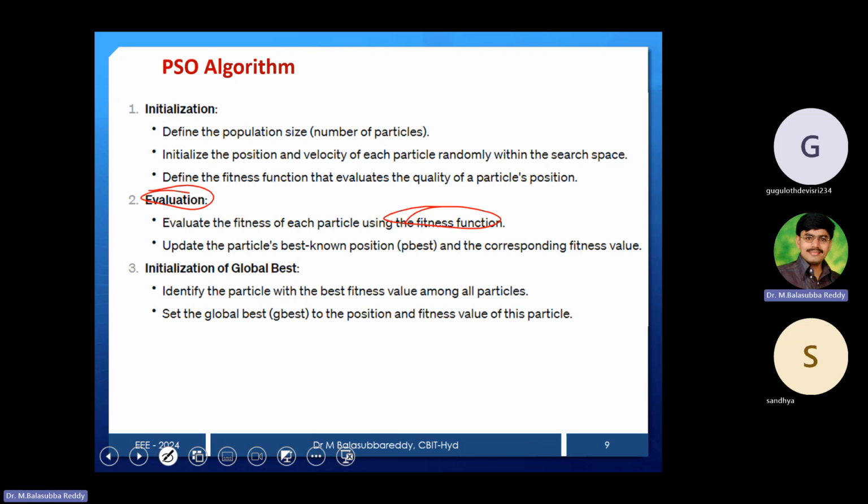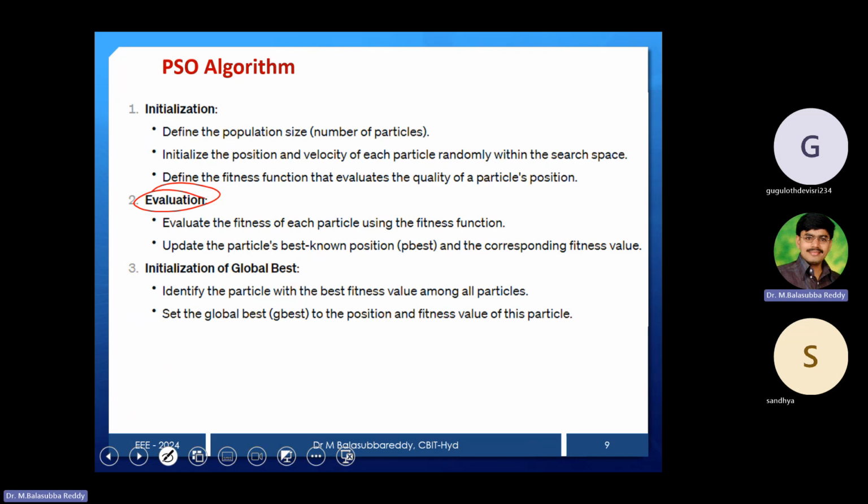In some problems, function value and fitness value are considered the same. But here, once you know the function value, we can easily find the fitness value: 1 by 1 plus function value if it is positive, or if it is negative, 1 by 1 plus the modulus of the function value. This will be the fitness value. Using this formula, we can easily calculate. That's the second step.